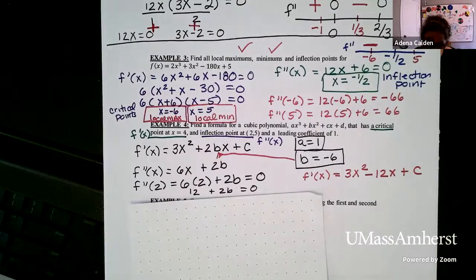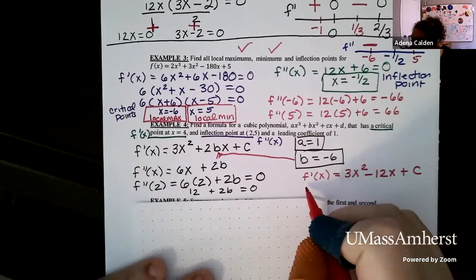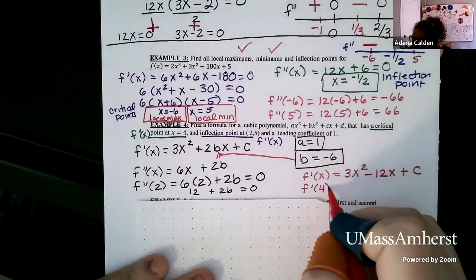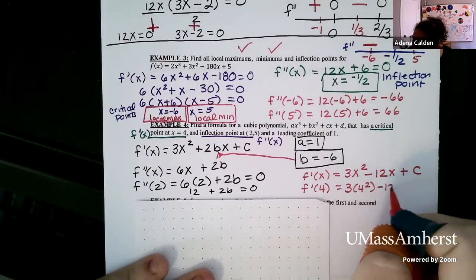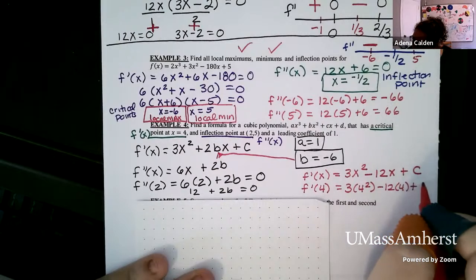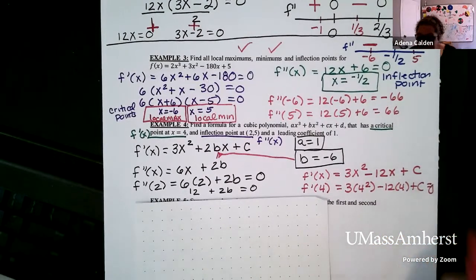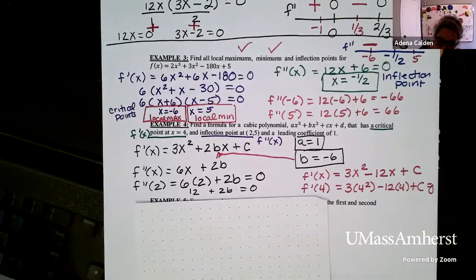So now I can use the fact that I have a critical point at x equals 4, which means if I were to plug in a 4 into my first derivative, that would have to equal 0 because it's a critical point.